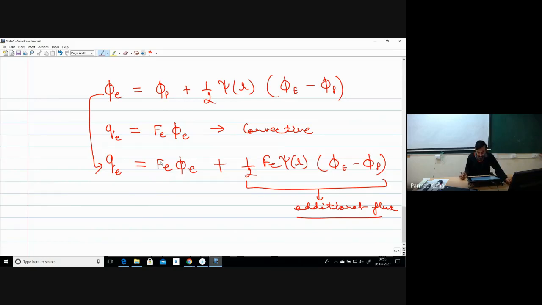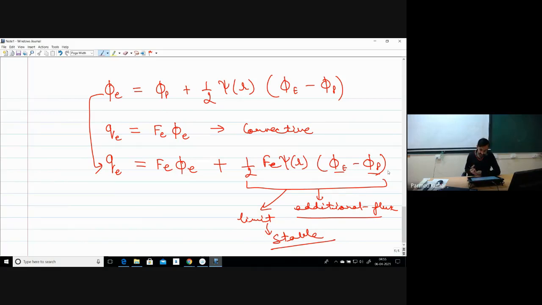But one more point we have seen is that if we add this flux beyond a certain limit, then our scheme will become unstable. So what we have to do is limit this additional value to a condition where our solution remains stable. So that is one limiting condition over here. Now, Fe, phi E and phi P are field variables which depend upon the physical situation.